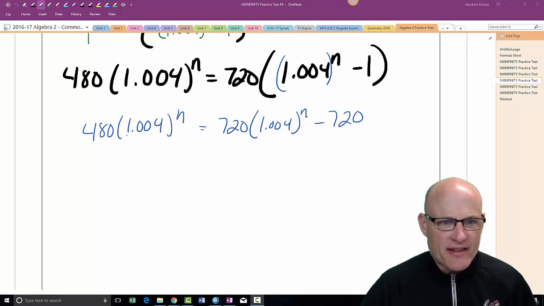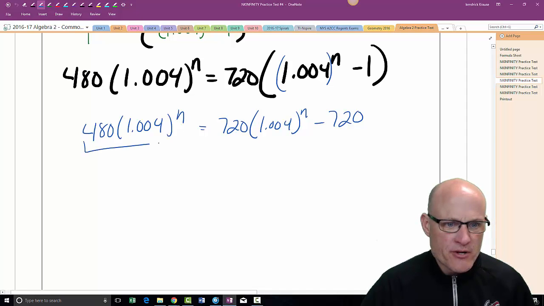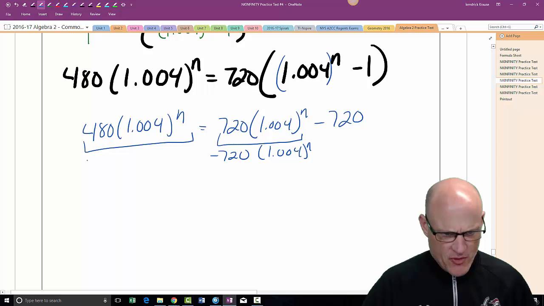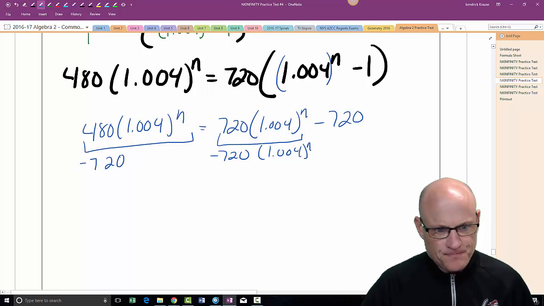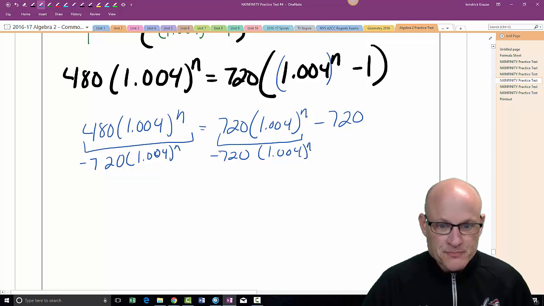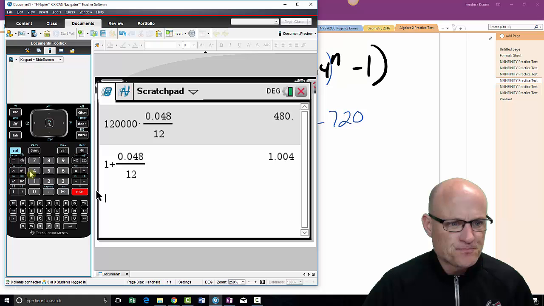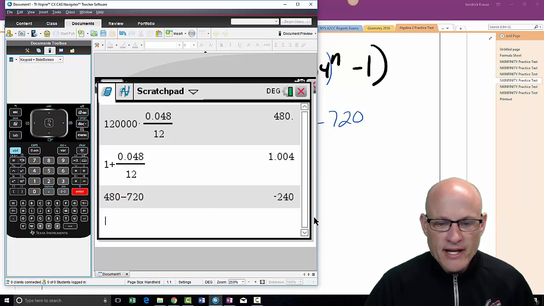All right, notice that this thing and this thing are like or similar terms. They have the same stuff. So we're going to subtract. 480 minus 720 is negative 240.